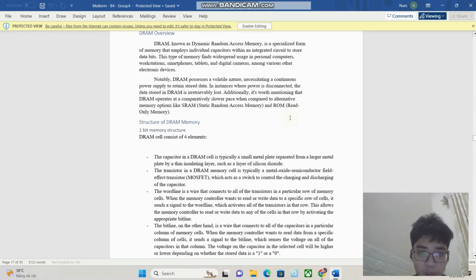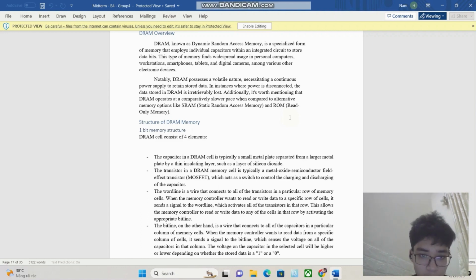Notably, DRAM possesses a volatile nature, necessitating a continuous power supply to retain stored data. In instances where power is disconnected, the data stored in DRAM is irretrievably lost. Additionally, DRAM operates at a comparatively slower pace when compared to alternative memory options like SRAM and ROM.